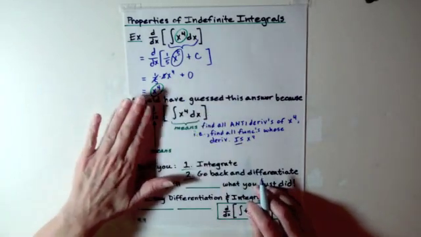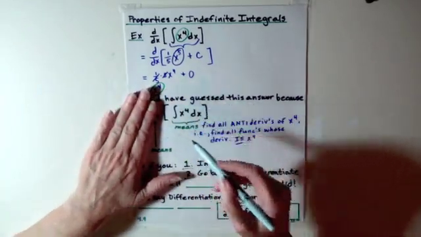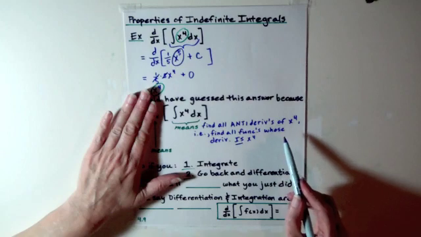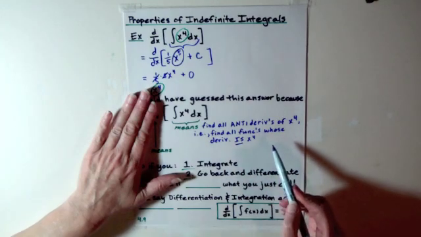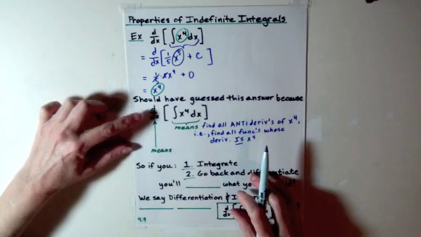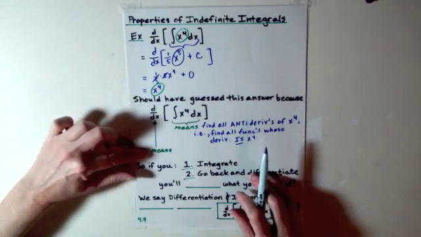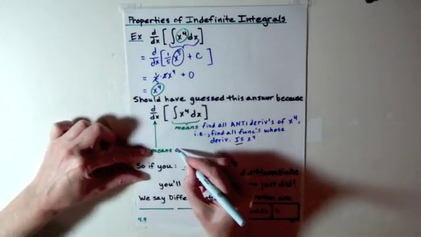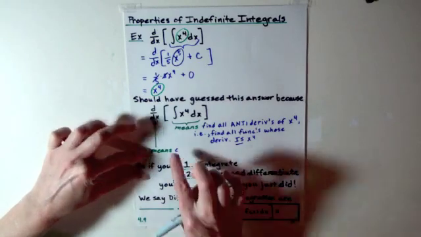Okay, so when we just look at what's inside the square brackets, we're being asked to find all the functions whose derivative is x to the fourth. But then we're asked to differentiate those functions. So remember, the d by dx means differentiate, or I'll say find the derivative.